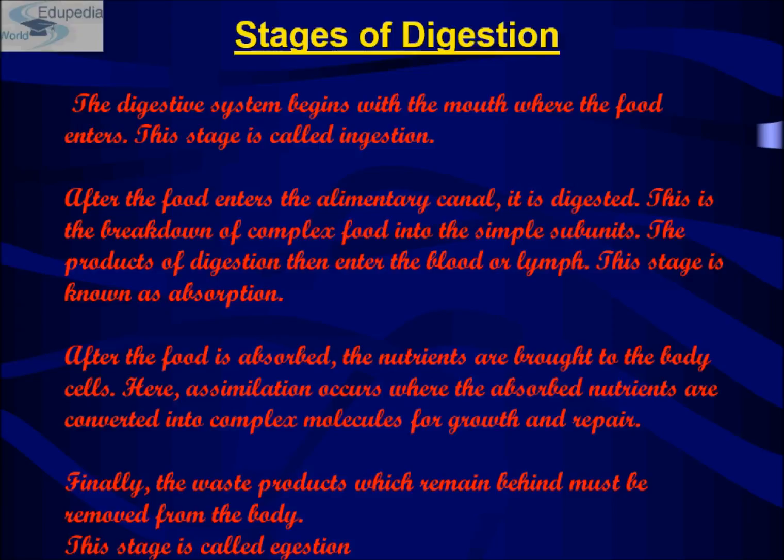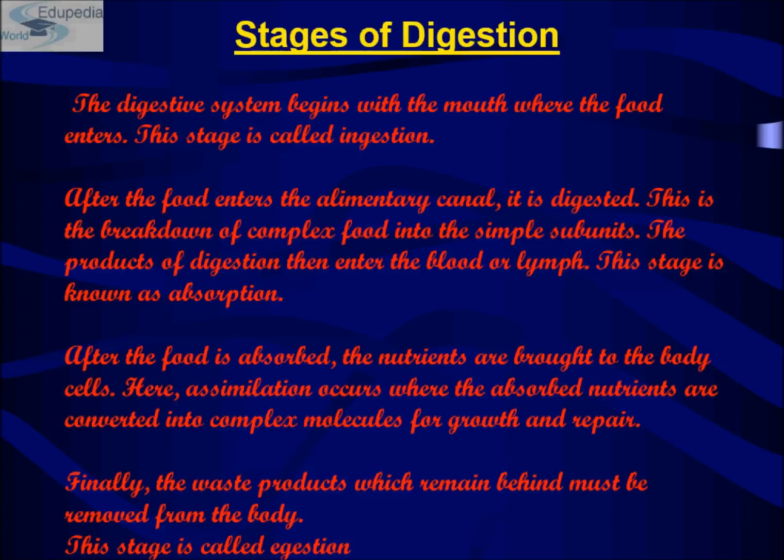The products of digestion then enter the blood or lymph. This stage is also known as absorption. After the food is absorbed, the nutrients are brought to the body cells. Here, assimilation occurs, where the absorbed nutrients are converted into complex molecules for growth and repair.